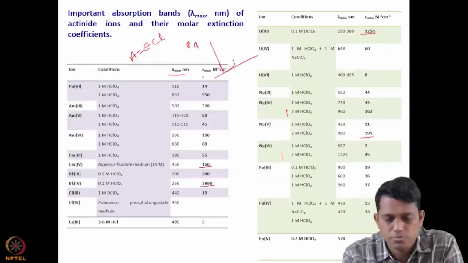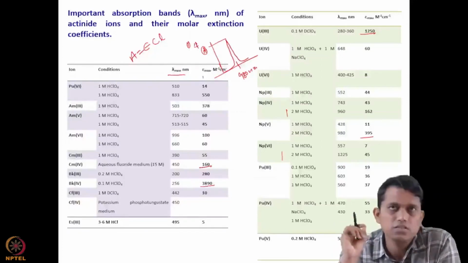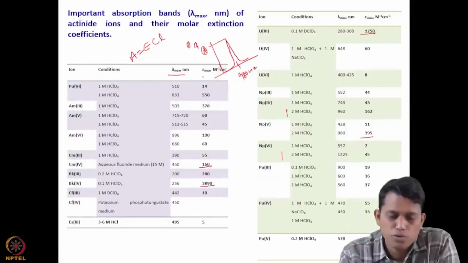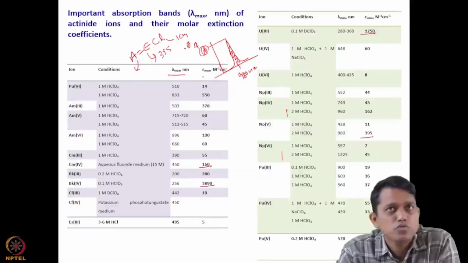Suppose you measure neptunium spectra, neptunium 5, and you get a peak around 980 with some absorbance. You want to calculate the concentration of the neptunium ion in the solution. Suppose you are getting a pure peak of neptunium 5. You can just use this epsilon around 395 per molar per centimeter, the absorbance you get from here, and calculate the concentration C. So this can be used for quantitative estimation as well.